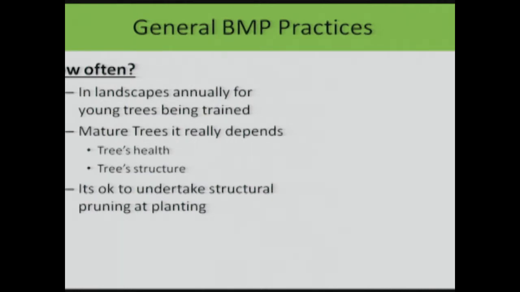So then the final piece of this is that for a while, up until maybe 10 years ago, the recommendation was not to prune at planting because it put stress on the tree, it slowed root growth because hormones produced in buds encourage root growth. So pruning off buds at planting would discourage root growth and slow establishment, and that's probably true to some extent.